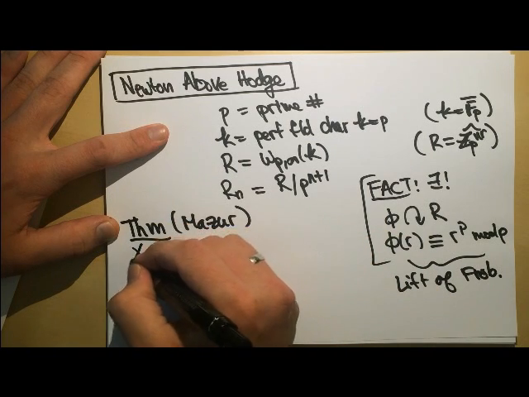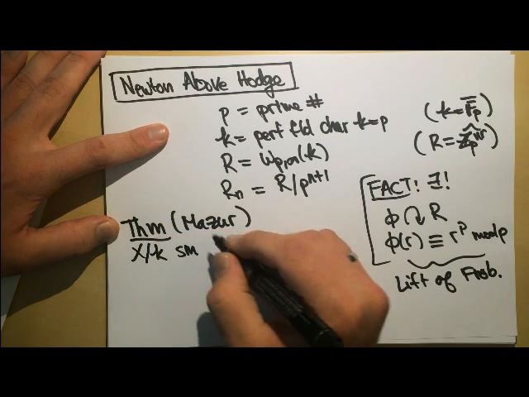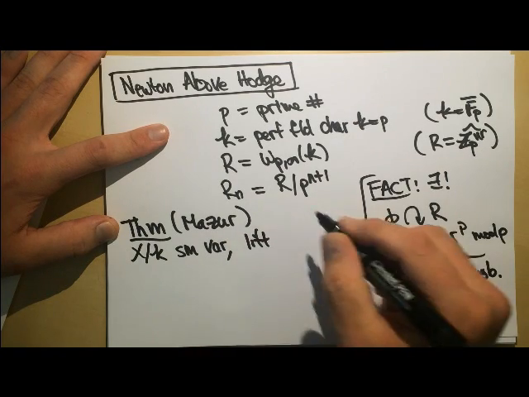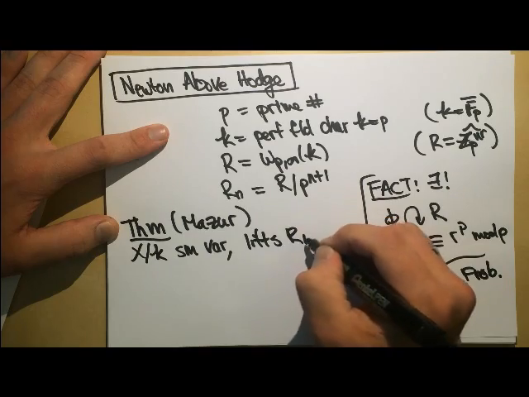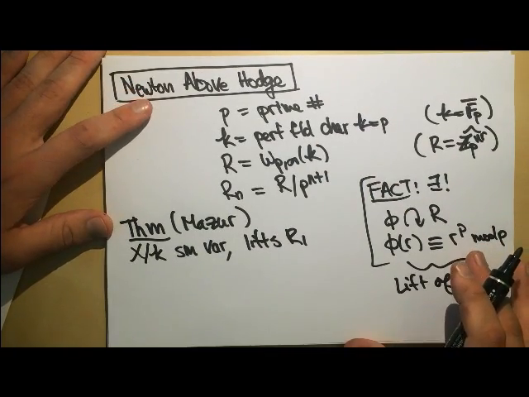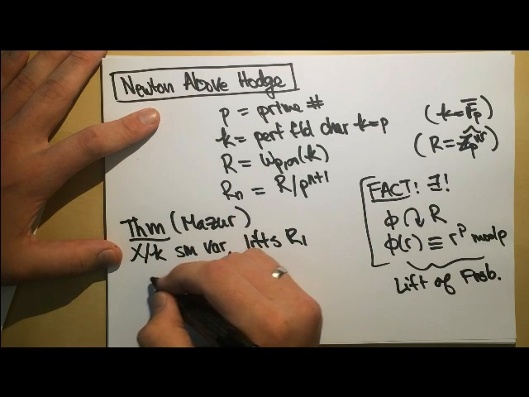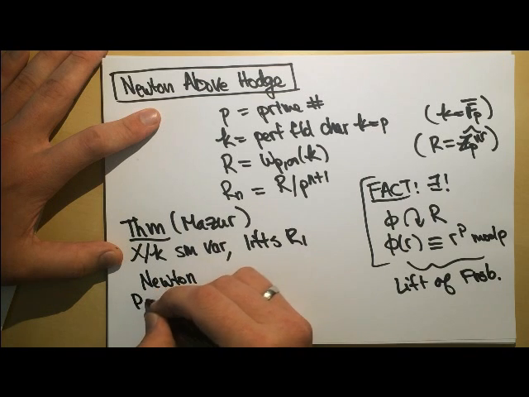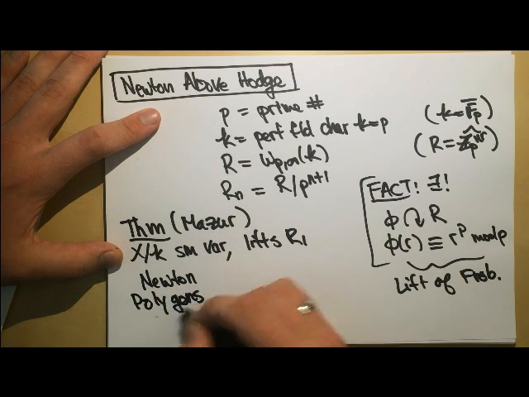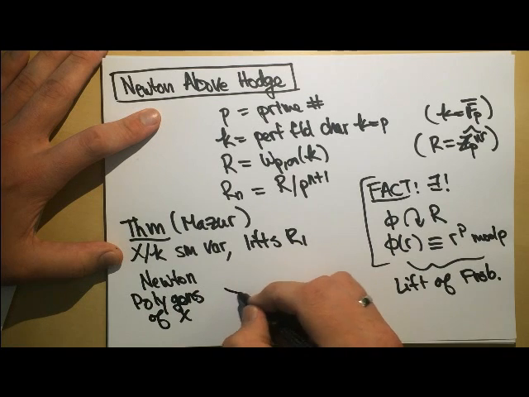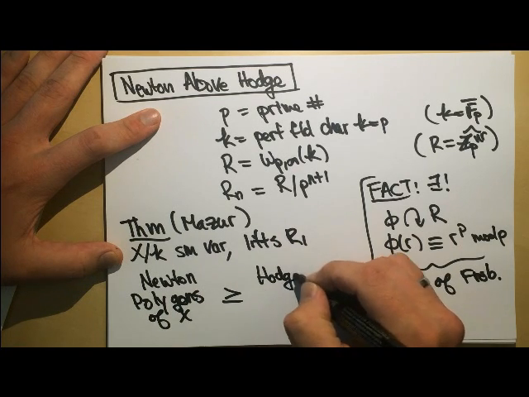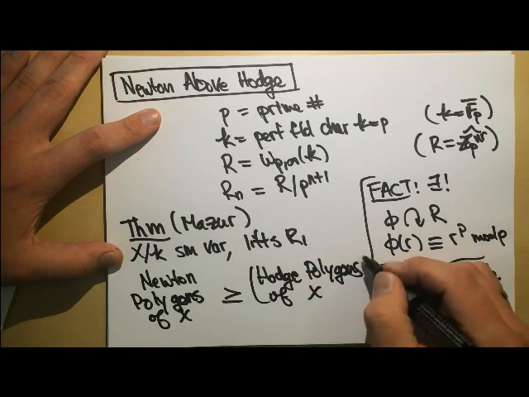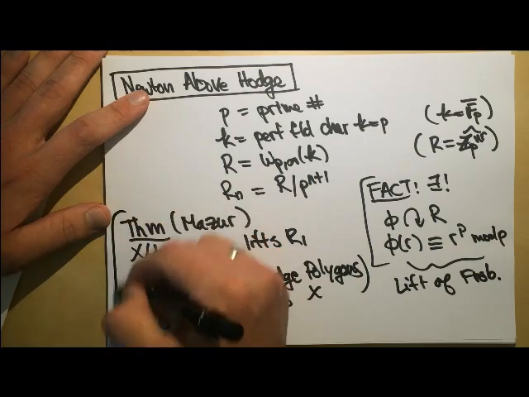It says that if X over k is a smooth variety over this field k, and it lifts, there's a flat lift to R_1, so it lifts mod p squared, then the Newton polygons of X are above the Hodge polygons of X.